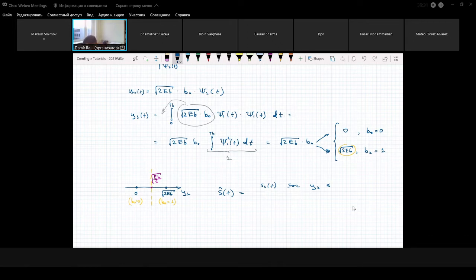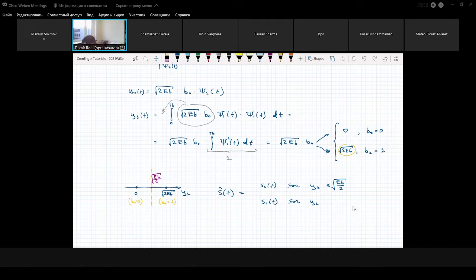Than our threshold, square root of EB over 2. If this value is below our threshold, then we say, okay, it's signal S1. And if this output value exceeds our threshold, then we say it's most likely S2. This is how we do detection. We just compare our output voltage with a specific threshold.